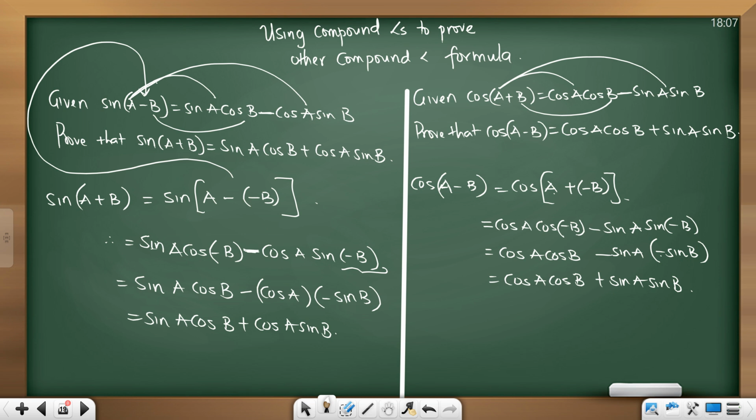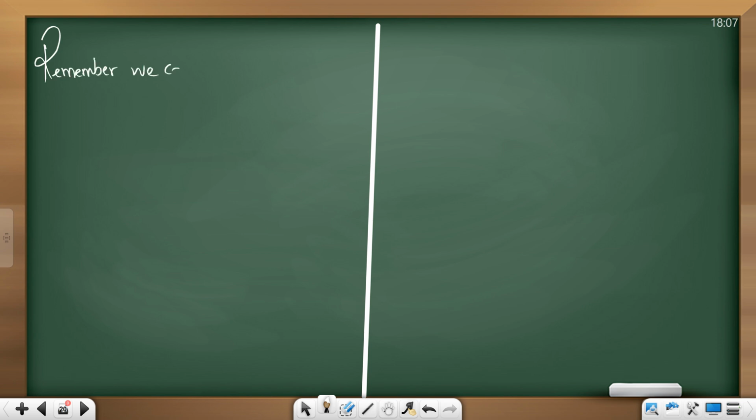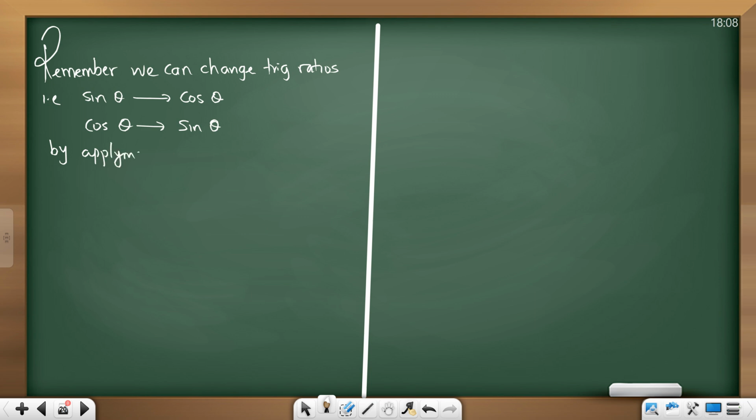Okay, let's work with the change of trig. Now, before I do this one, I want you to remember that we can change trig ratios, that is, from sine theta to cos theta, or from cos theta to sine theta, by applying what we call co-functions.